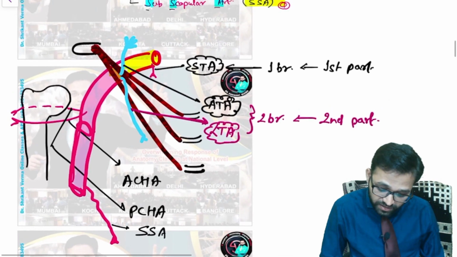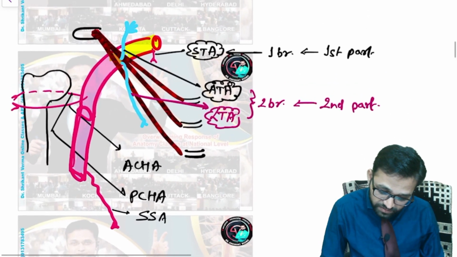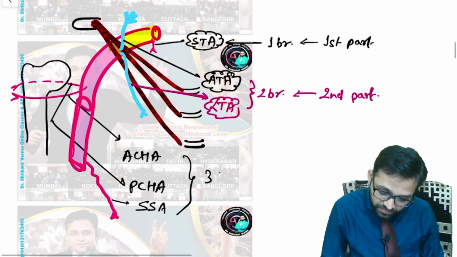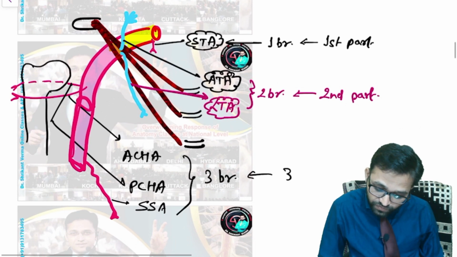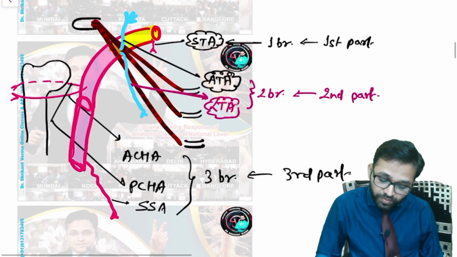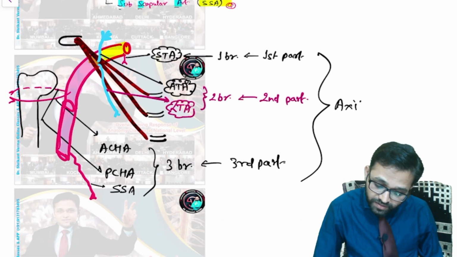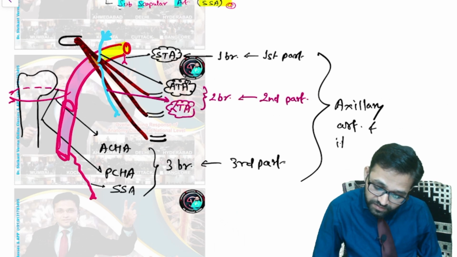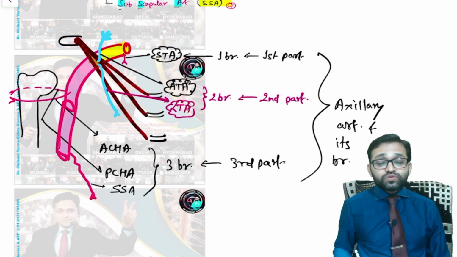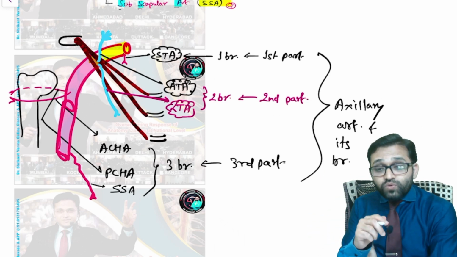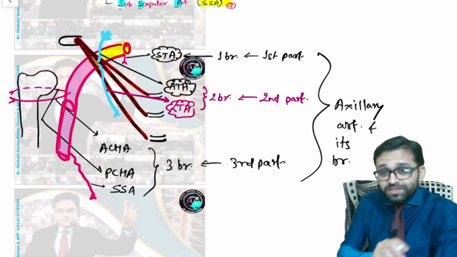So these are our three branches from our third part. So these are the axillary artery and its branches, no excuse, because it was a question in our university exam.